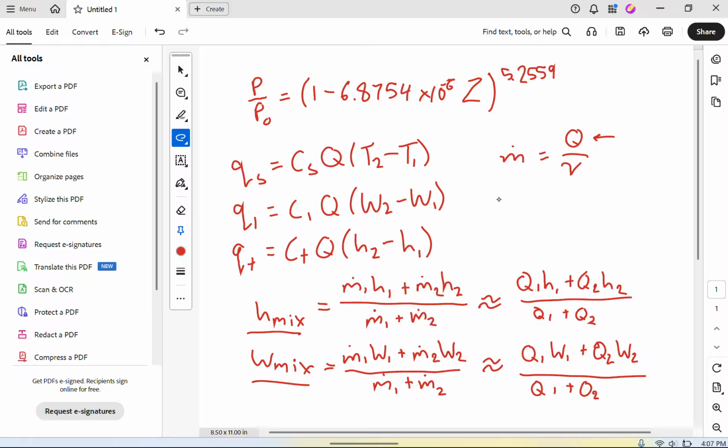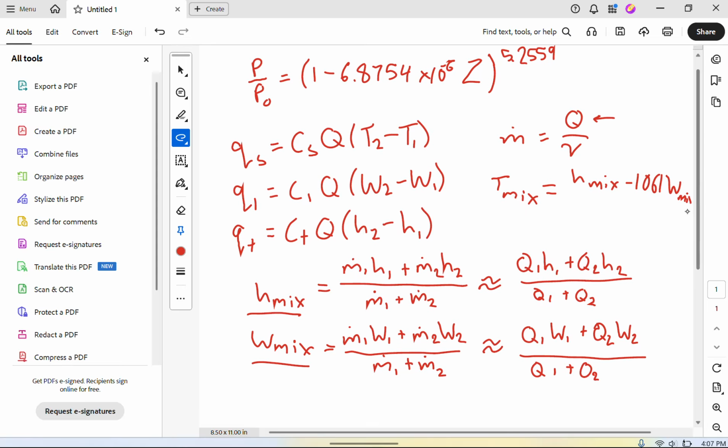You can then determine your mixed air dry bulb temperature by rearranging that previous equation, the enthalpy equation. By rearranging this equation, you would get T mix is equal to H mix minus 1061 W mix, over 0.24 plus 0.444 W mix.